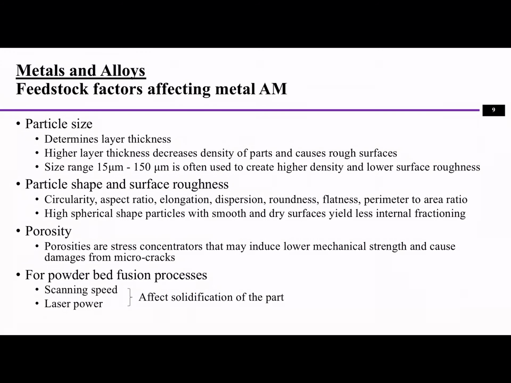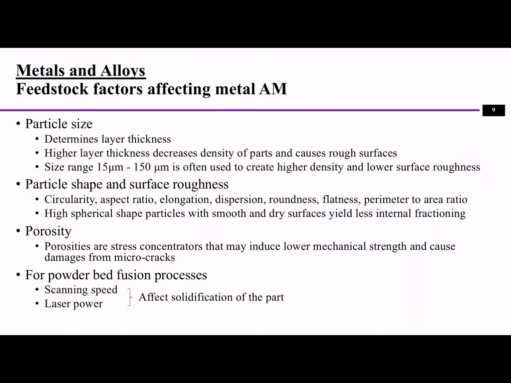Some of the factors that affect metal 3D printing processes, and also the quality, is the feedstock. So usually the feedstock for metal and alloys 3D printing is the powder, right?